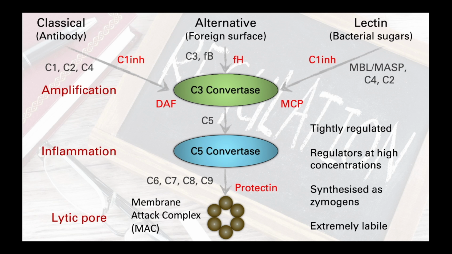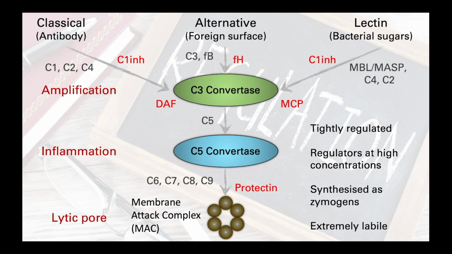Now, as you can probably imagine, the complement system is capable of huge damage if it becomes dysregulated. So to keep it under control, almost every stage of the cascade has one or more regulatory proteins associated with it. These regulatory proteins are present in much higher concentrations than the complement proteins themselves.